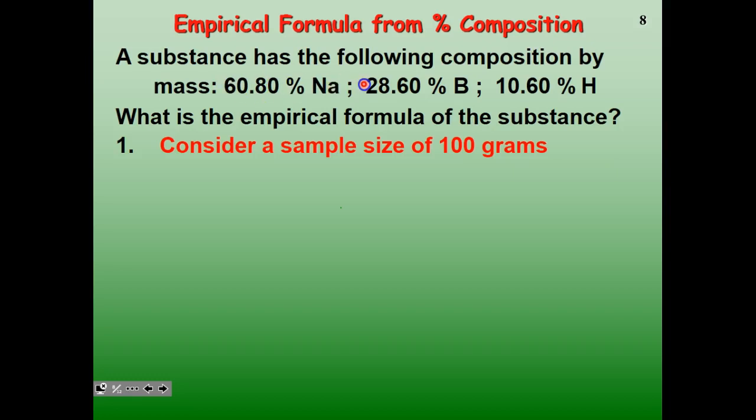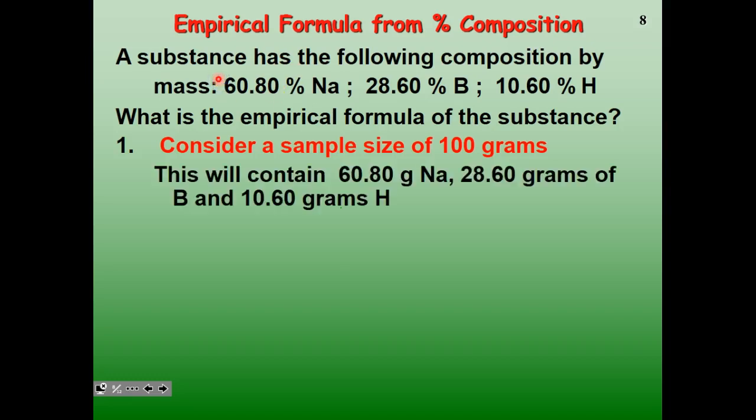What's 28.6% of 100 grams? 28.6. So if you're given a percentage, just assume that it's out of 100 grams. So really your percentage is equal to your number of grams. So for this problem, we would have 60.8 grams of sodium, 28.6 grams of boron, and 10.6 grams of hydrogen.